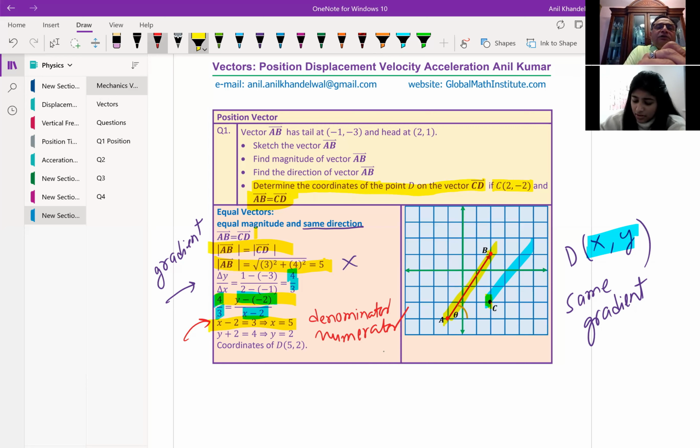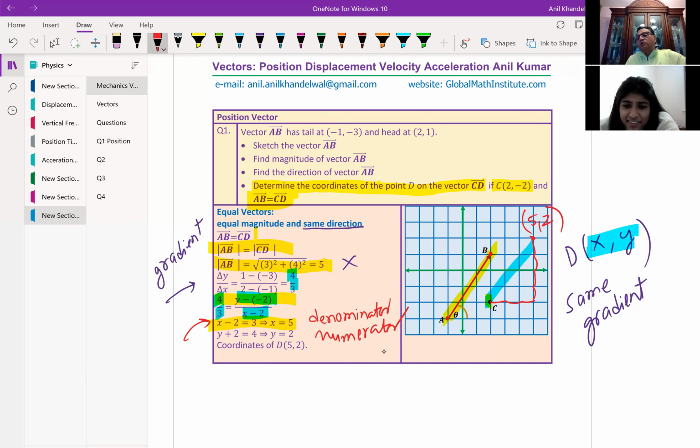Now, I'll show you another neat way of doing it on the graph itself. This vector we found was 4 over 3, right? So you can say 3, 4. Move 3 units towards x, 1, 2, and 3, and 4 up, 1, 2, 3, 4. You get a point. Read the point. And this point clearly is 5, 2. Done.